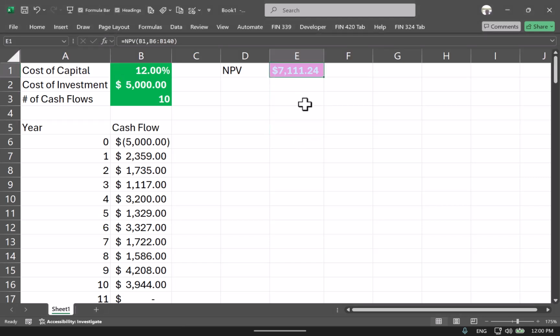Of course, if this was an example, we would have gone ahead with the project because NPV is positive. But a lot of times it's a good idea to give us some sort of metric. For example, here's what I'm going to do.